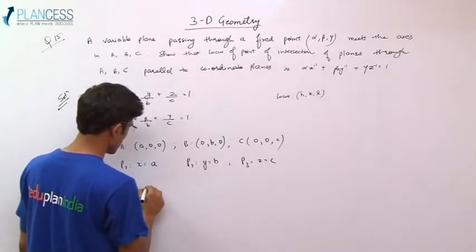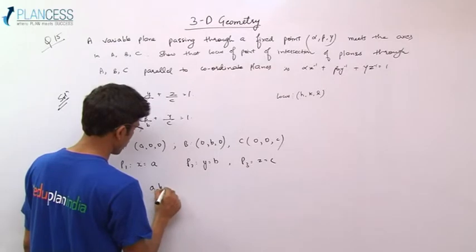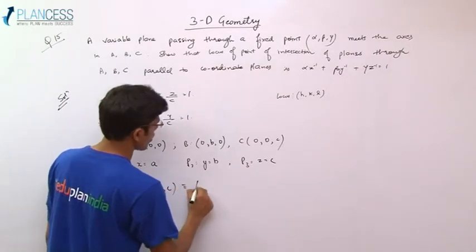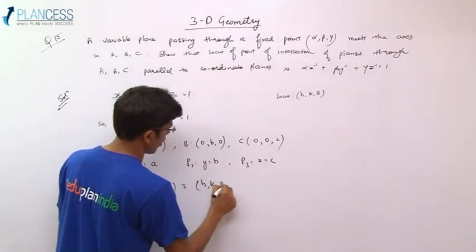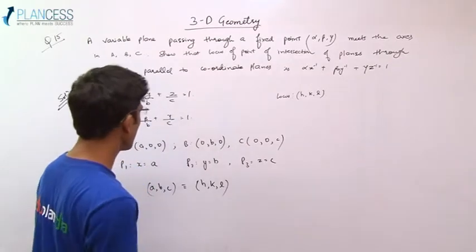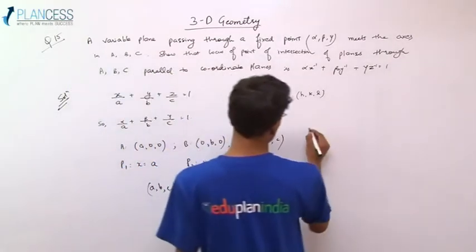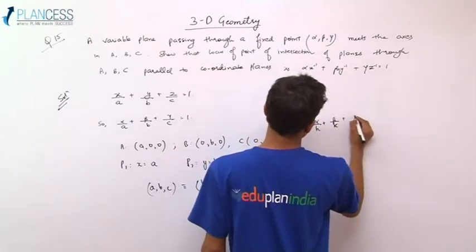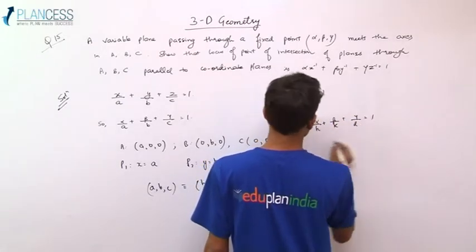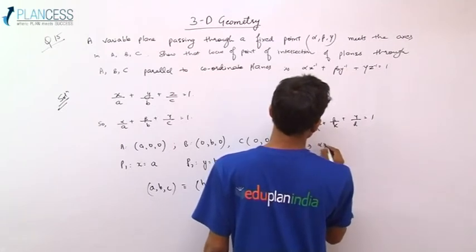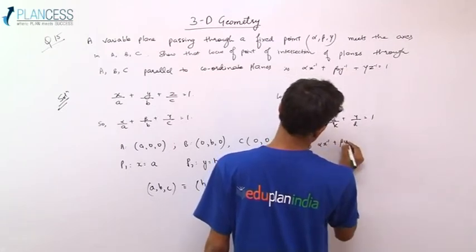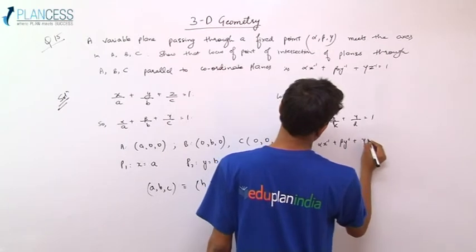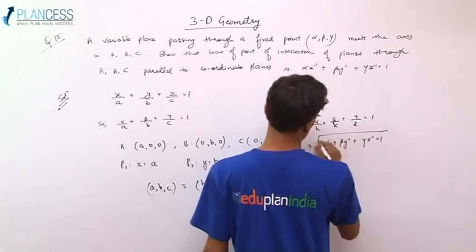So the point of intersection is (a, b, c), which is (h, k, l). So replace a by h, b by k and c by l. So we get alpha by h plus beta by k plus gamma by l equals 1. Now h, k, l are replaced by x, y, z. So this is our locus.